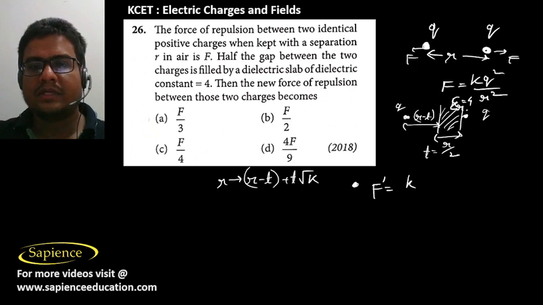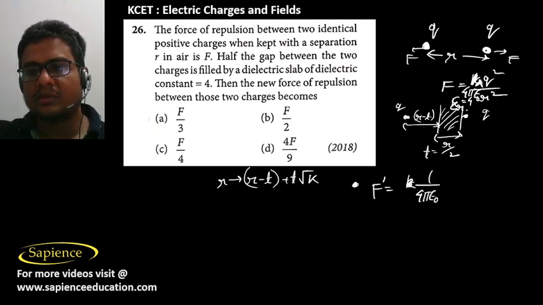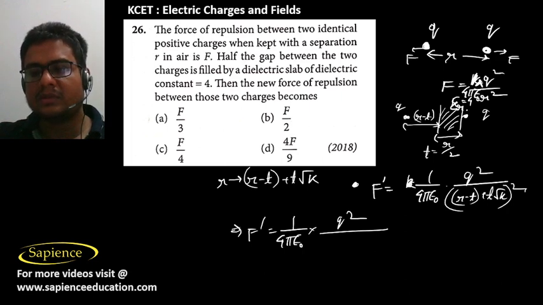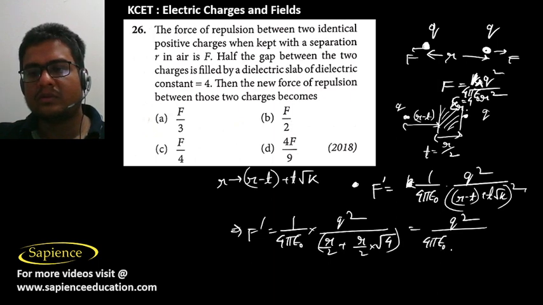That the force F dash, initially the force was 1 by 4 pi epsilon q square by r square. Now this will be 1 by 4 pi epsilon q square by (r minus t plus t root k) square. With r minus t being r by 2, and root k squared being k, the factors of 2 cancel.